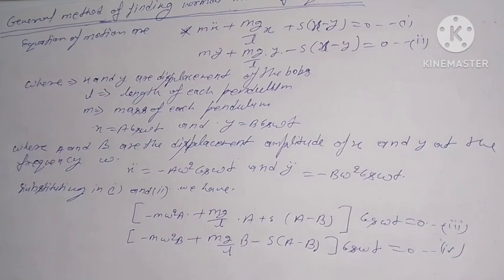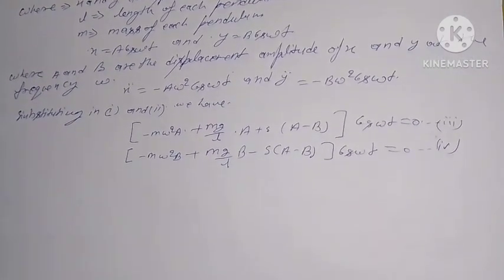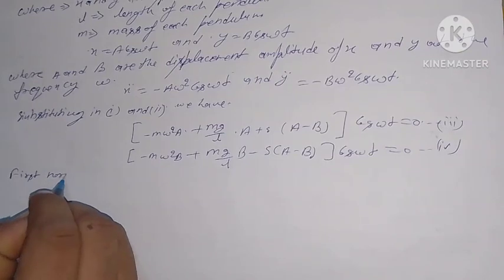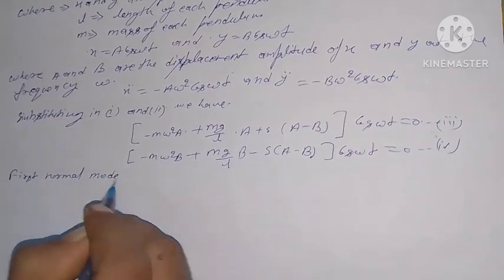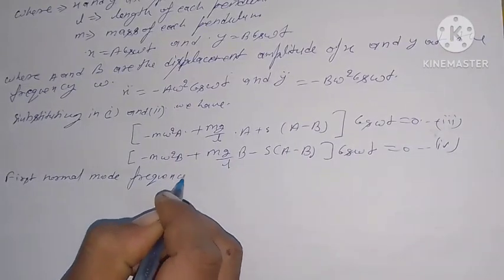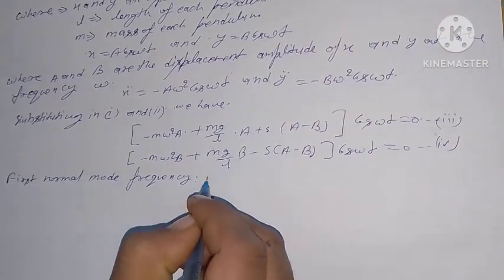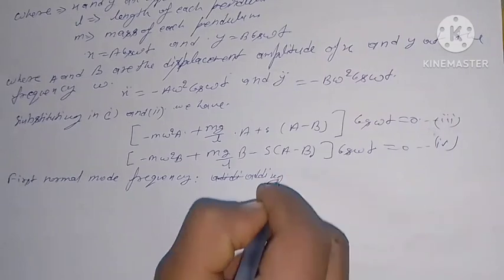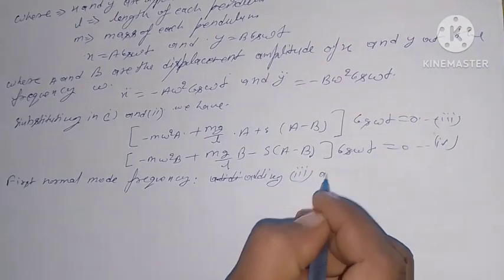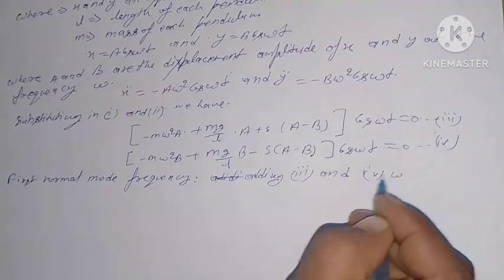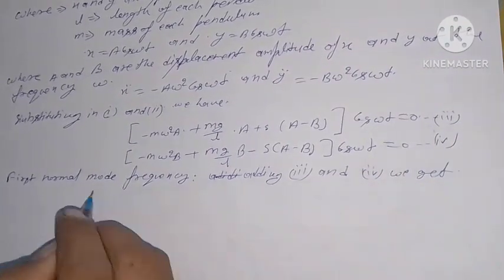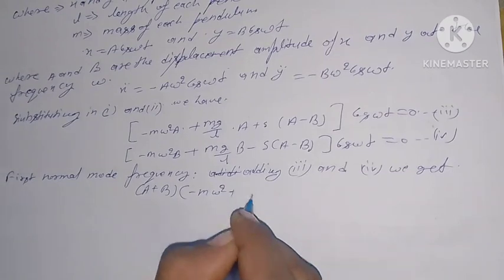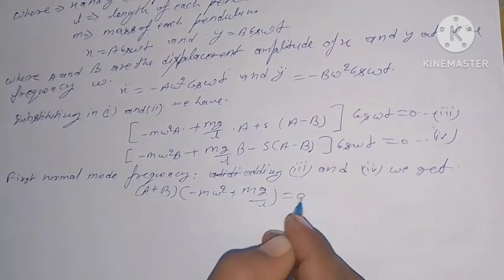First normal mode frequency. Adding equations 3 and 4, we get a plus b into (minus m omega square plus mg by L) equal to 0.